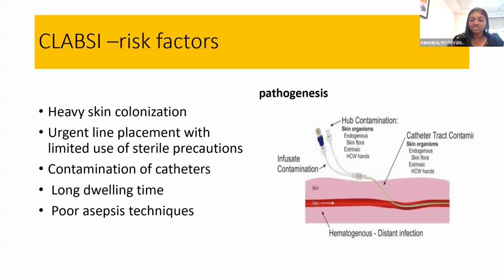Avoid frequent disconnection and entry into lines, and proper hygiene should be practiced while doing hub care. Infusate contamination: avoid using infusate beyond 24 hours. All IV preparations, for example IV fluids and PN, should be changed after 24 hours. Hematogenous spread is also a reason for CLABSI.